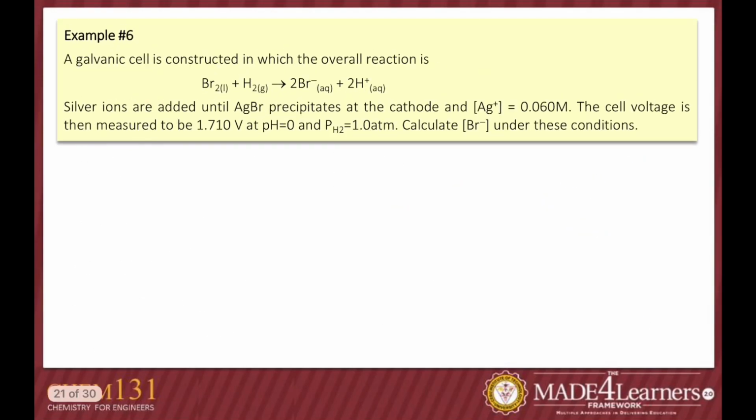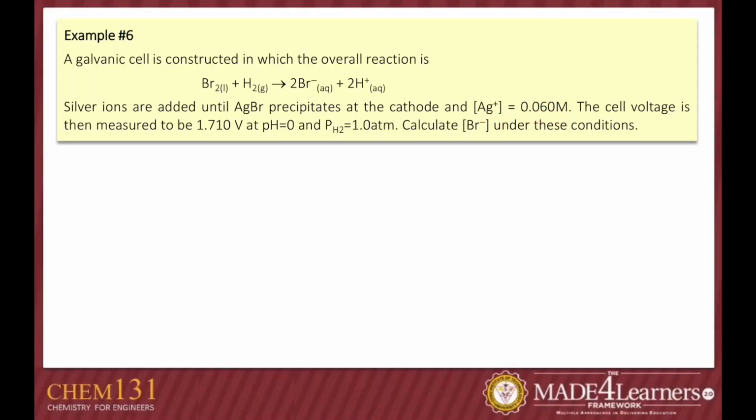Okay, example number 6. A galvanic cell is constructed in which the overall reaction is given, and then silver ions are added until silver bromide precipitates at the cathode, and silver has a concentration of 0.06 molars.